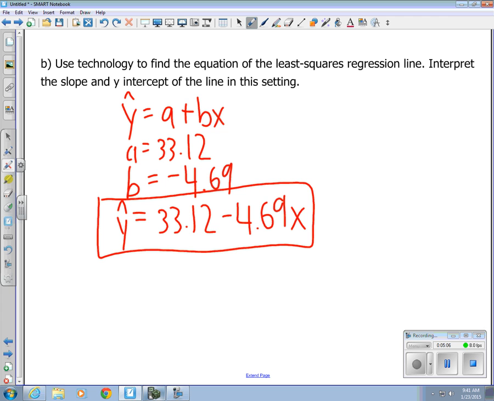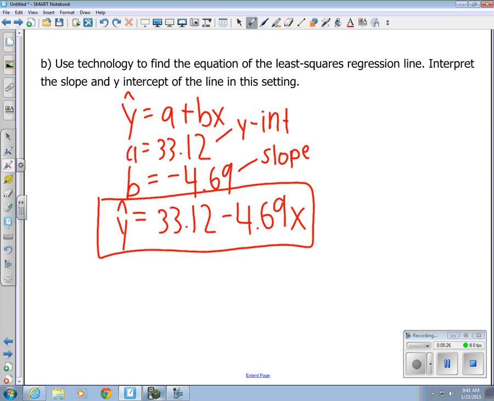And then as for interpreting the slope and y-intercept, the slope is negative 4.69. And then the a is the y-intercept, 33.12.